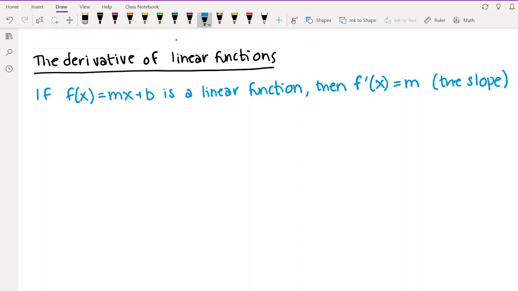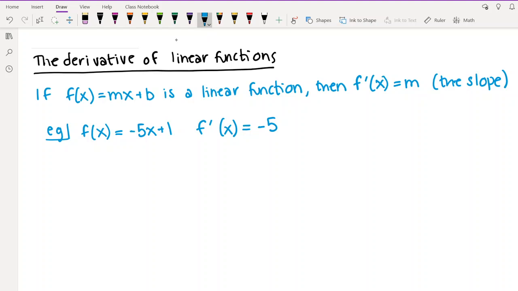And so what that tells you is that if your original function is a linear function, then the derivative function is a constant function, right? So for example, if your original function is, let's say, negative 5x plus 1, the derivative is just going to be negative 5.